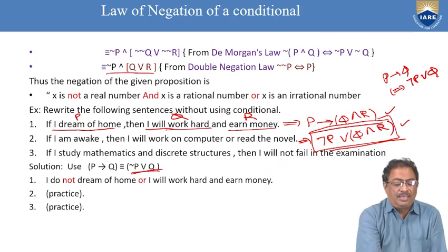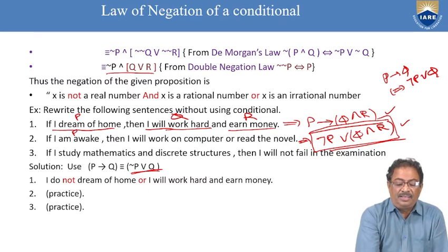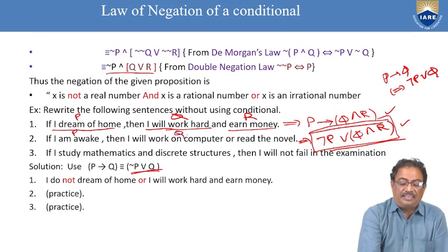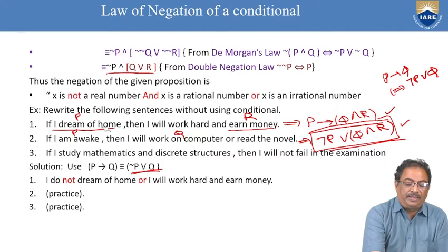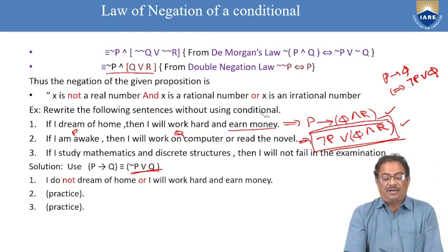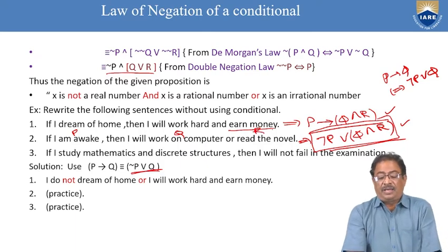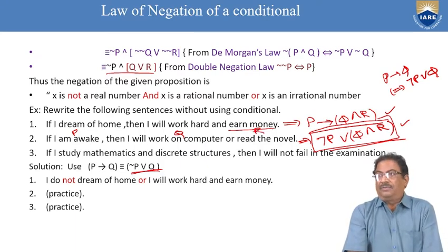Similarly, if I am awake, then Q is considered as another one. Let us take Q as I will work on computer, and the next one, R, is I read the novel.